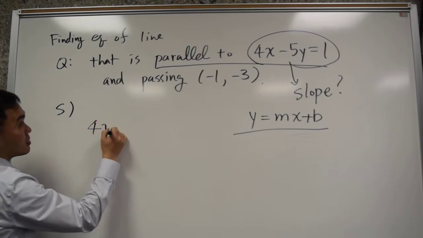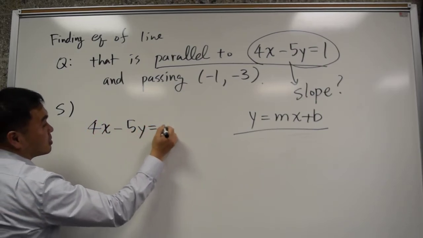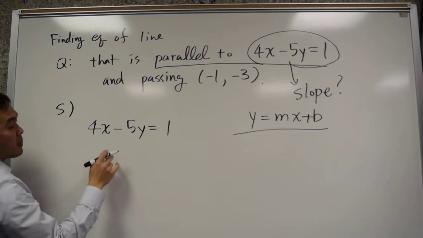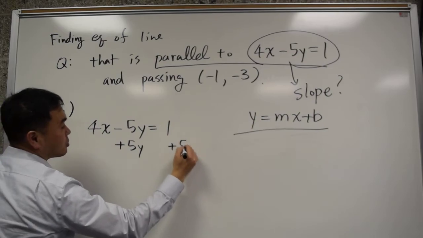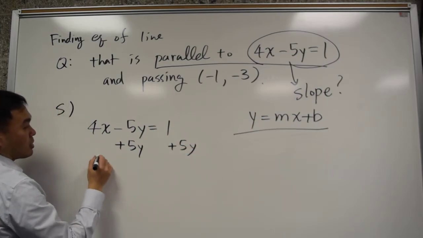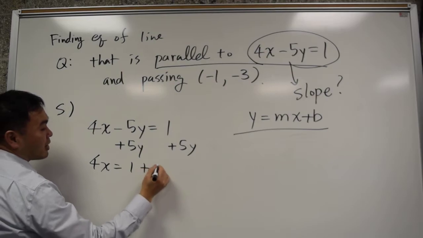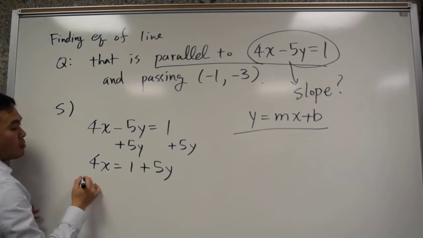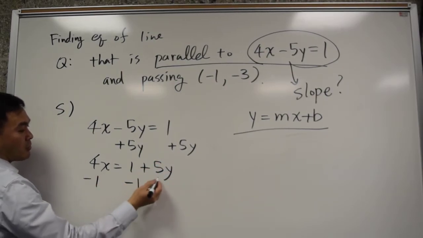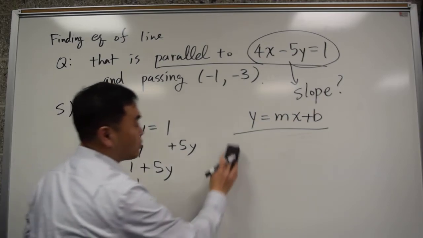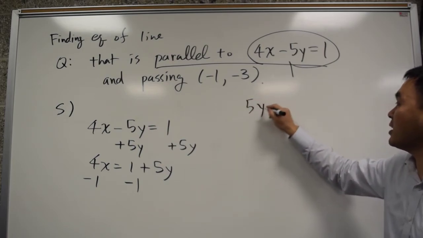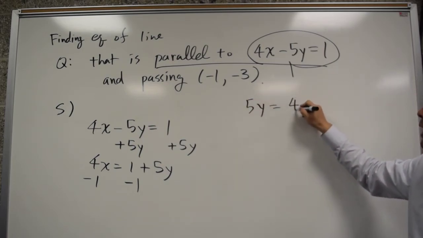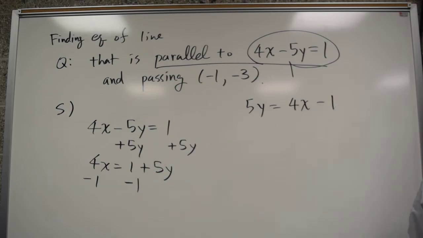So first, in order to isolate y, I would add 5y to both sides so that 4x equals 1 plus 5y. Then subtract 1 from both sides so that 5y is equal to 4x minus 1. So here's what we have: 5y equals 4x minus 1. Now, how do you solve for y?